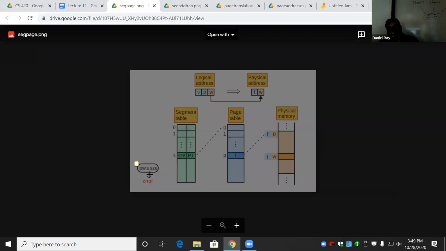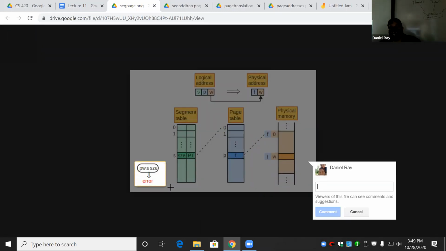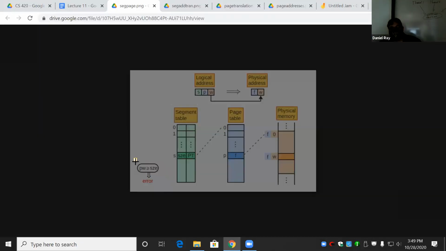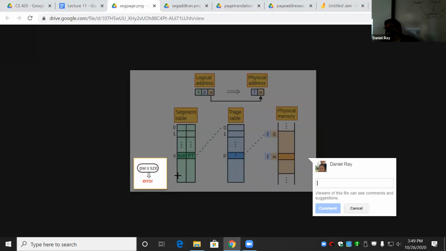And so we still do this check. If your page number, your offset, is bigger than the size of this segment, then you have looked past the end of the segment when you did your addressing, and therefore you get a segmentation fault, you get an error, okay, which causes the program to terminate. When does this happen? During runtime.